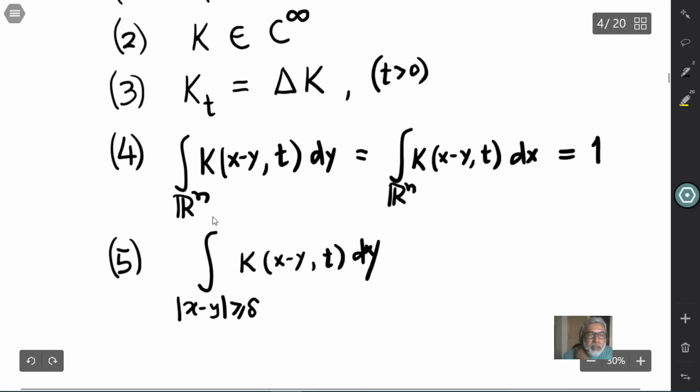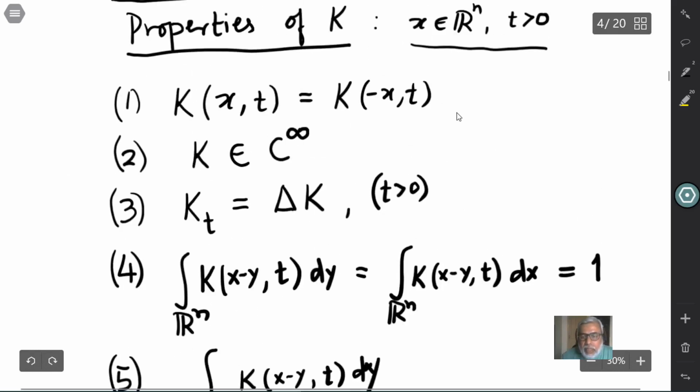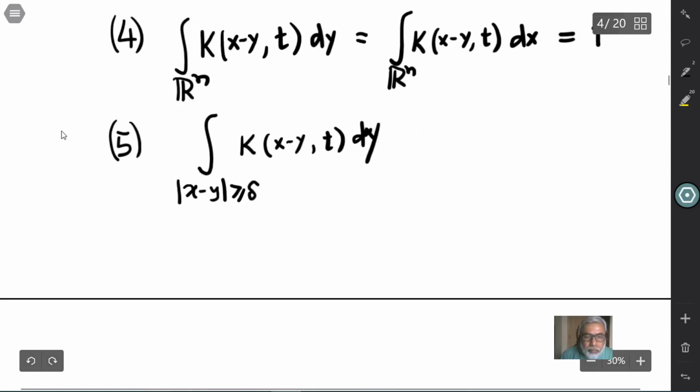Usually we neglect it, but since k is given by an exponential, k is a positive function. So you just integrate this fundamental solution not on the whole space Rn, but you leave out a small ball. So you integrate over the exterior of a ball.